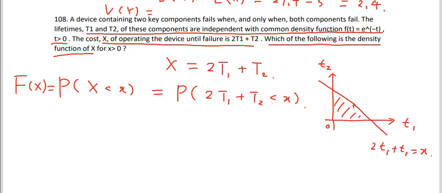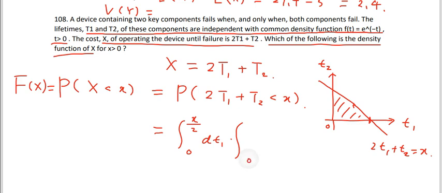Okay, so we need to find this integration. Let's check t1. So t1 goes from 0 to this point, where t2 equals 0, so t1 equals x over 2, dt1. Then once we determine t1, what is t2?